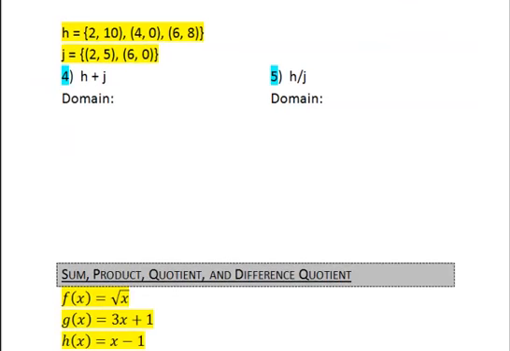Here's a couple for you to try. I'm not going to talk through these. Just work them and see if you get the same thing that I do.